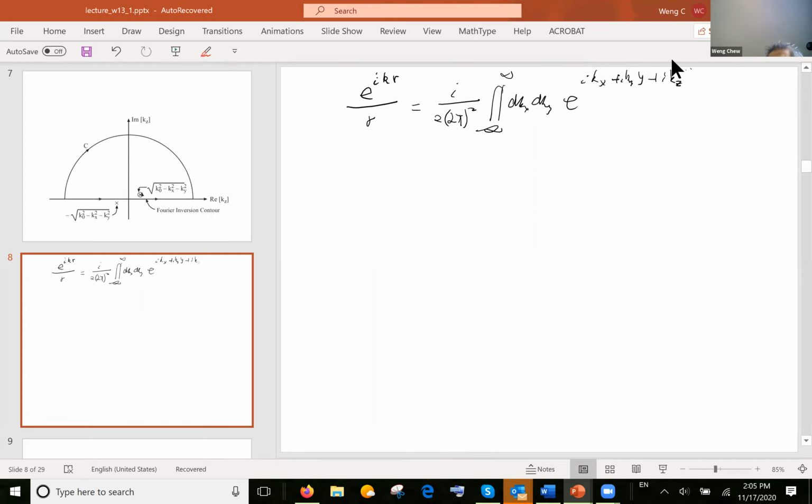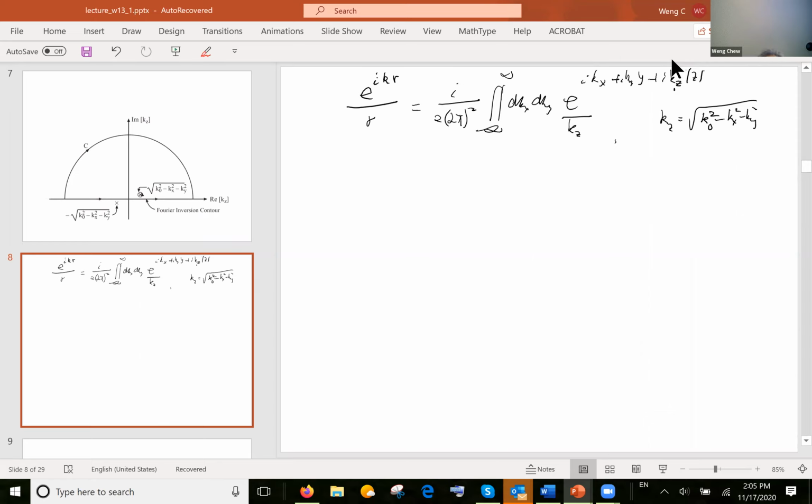I'm not going to write kz prime now. I'm just assuming that kz is kz prime. It's just the square root of k0 squared minus kx squared minus ky squared. So kz is the value of kz at the pole location, which is given to be this.